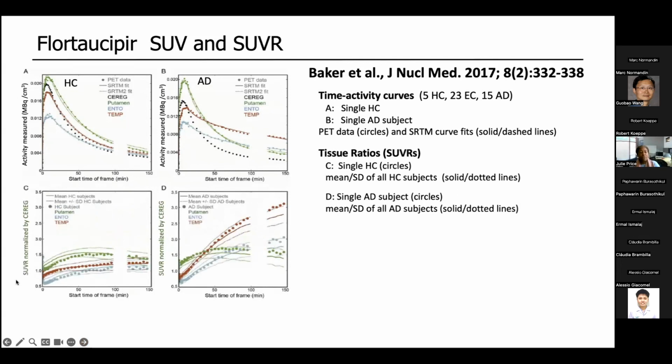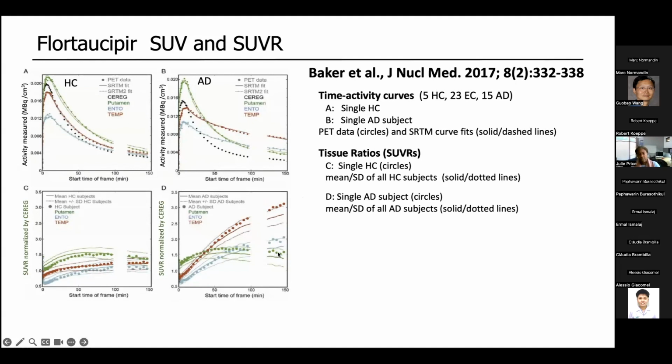And then looking at the SUVR, normalized with the denominator relative to cerebellum, for healthy controls the plateau occurs earlier, but the imaging for some of these traces really requires longer time periods. That's really evident in the AD subject, where for the temporal cortex the binding is still increasing.